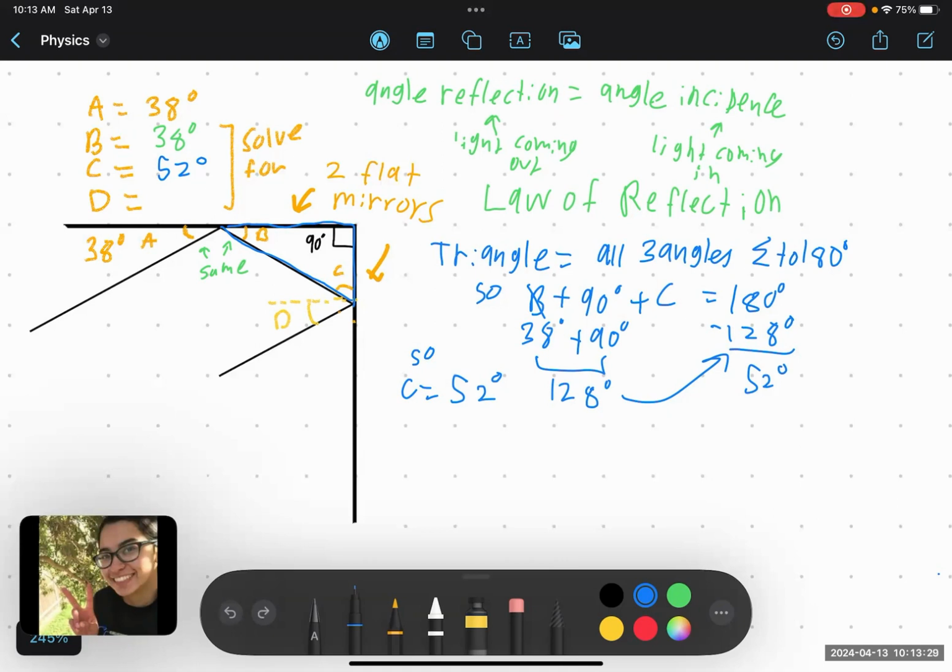And the way I would do this is I would go back to the law of reflection. Okay, if C's coming in here and going out that way, then that means that these two are the same, which means that this angle here is 52, right?